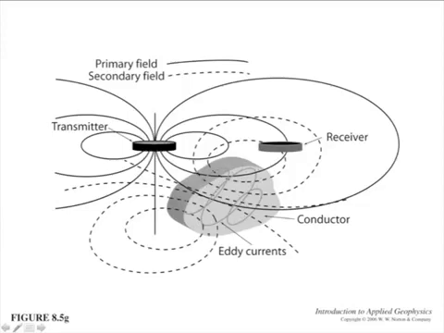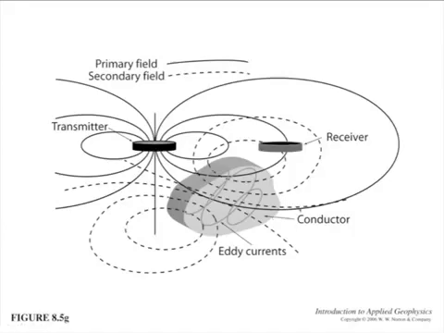Those eddy currents are going to be looping around those changing magnetic fields. This is an attempt at a 3D diagram here. But you notice that the eddy currents are constrained. They can't go exactly where they want, because there's this limited conductor.